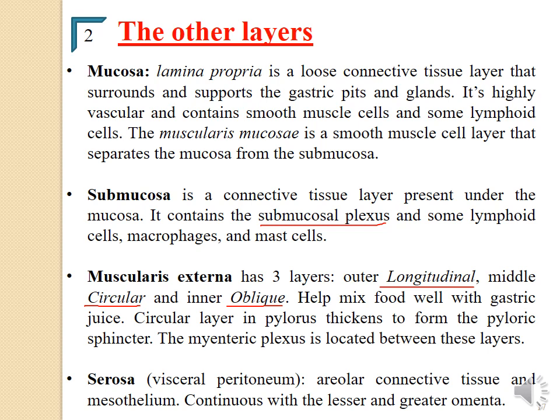Because this will help to mix the food found inside the stomach with the gastric juice. And also you must remember that in addition to chemical digestion, the stomach also performs mechanical digestion. It breaks down food particles mechanically by pressure, so it requires good muscle strength. This is why we have three sublayers of muscles in the muscularis externa of the stomach.